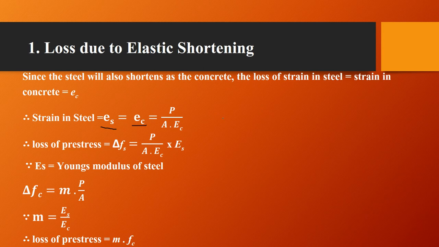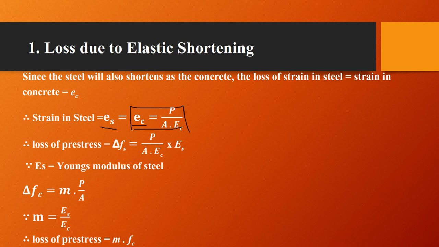The loss of pre-stress delta Fs is the loss of stress in the steel. We have already calculated the stress in concrete Fc, and with the help of that only we have arrived at this equation, as you have seen in the last slide.